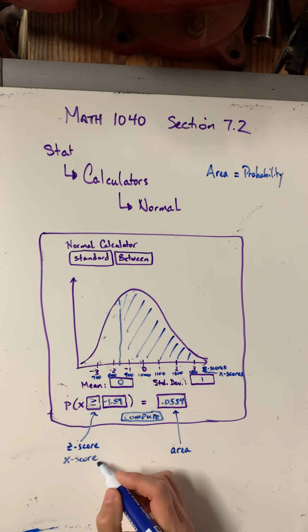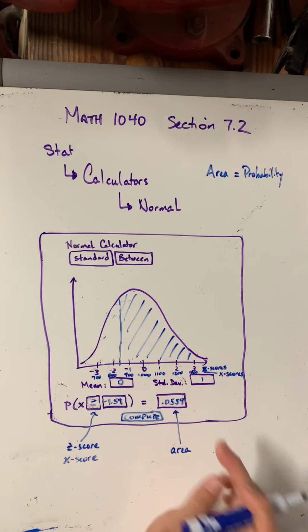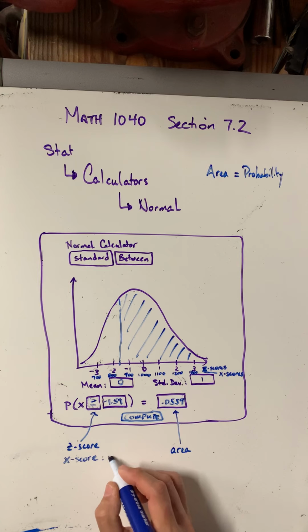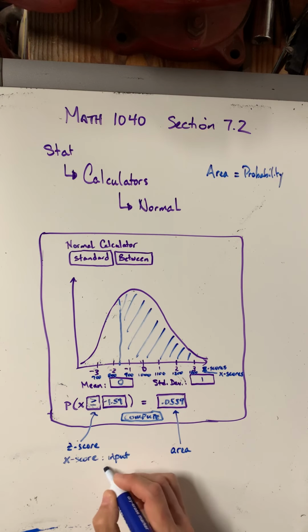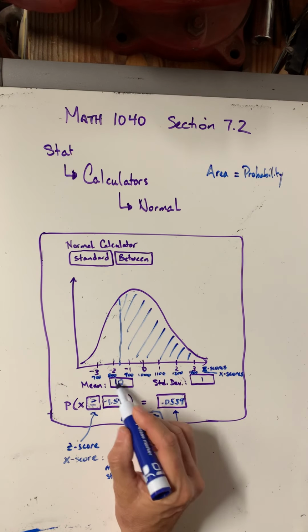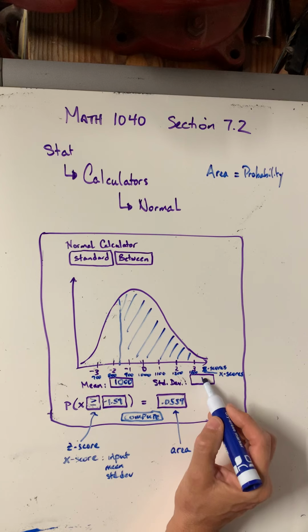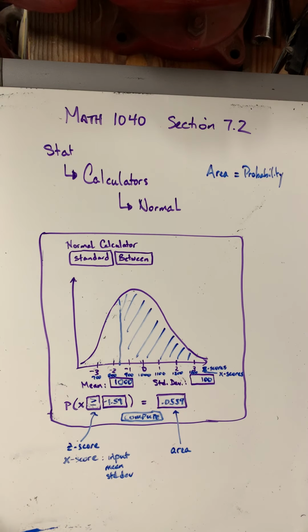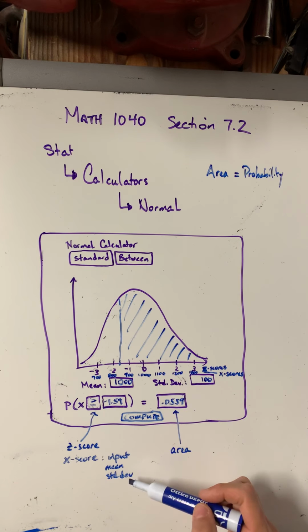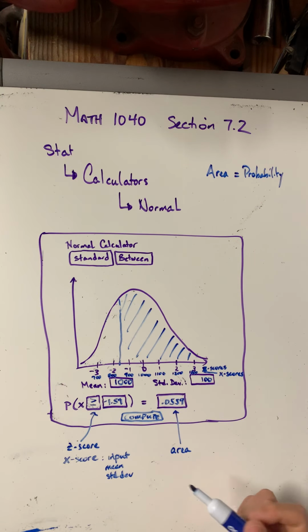But if they switch it to x-score, like in this case with the chocolate chips, then you must input the mean and standard deviation. So if my mean is 1,000, then I need to make this 1,000. My standard deviation is 100, so I need to make that 100. So you will put those in if they're in x-scores, okay? And then you'll answer the question.